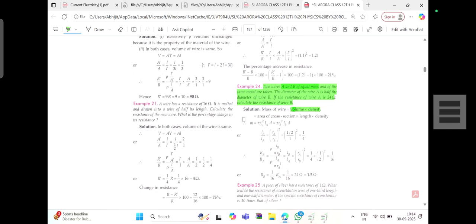It is a wire, and that is the shape of a cylinder. That means the volume of this wire is equal to pi r square h.